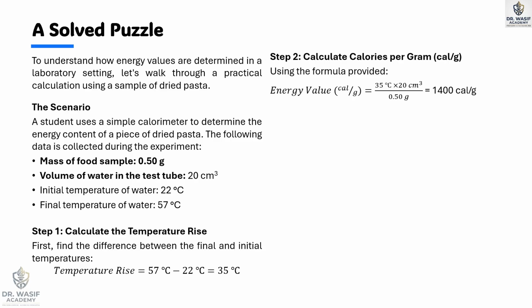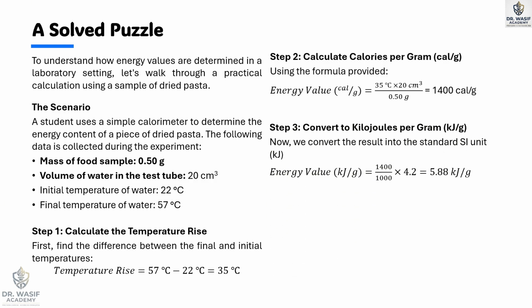Exam boards want the international standard units, that is kilojoules per gram. To do this, in step 3, we do two things. First, we divide our calories by 1000. That is, 1400 is divided by 1000. That is converted to kilocalories.